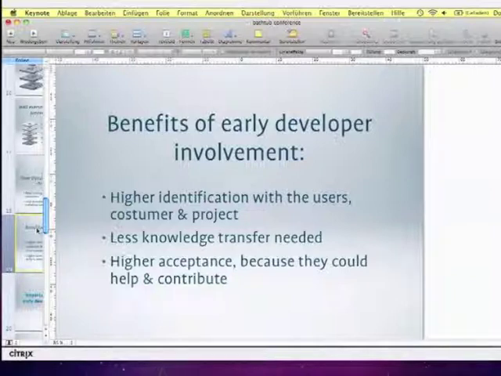Another benefit is you need a lot less knowledge transfer, and also the acceptance of the developers in front of the customer and in front of the designers is much higher because they could contribute. People like to help, people like to be heard, and they don't like to get handed over a concept and deal with it. So this early involvement of developers really pays out.